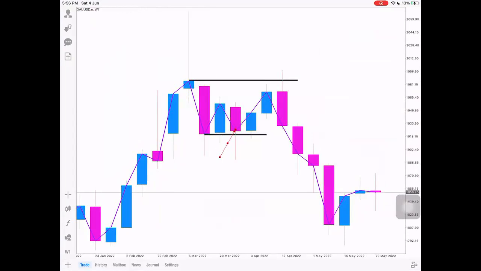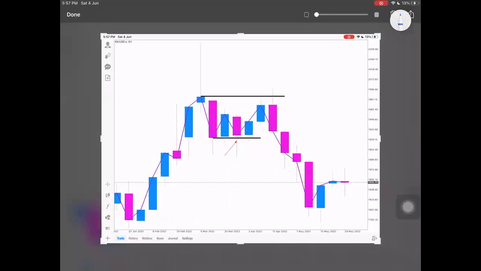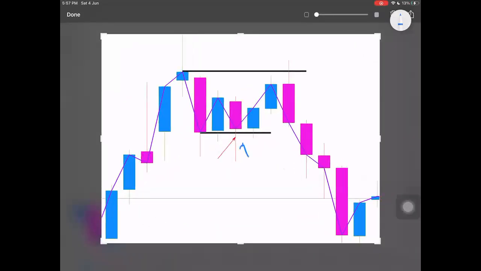It closed above the support, meaning that it already has a solid chance to start a buy story.